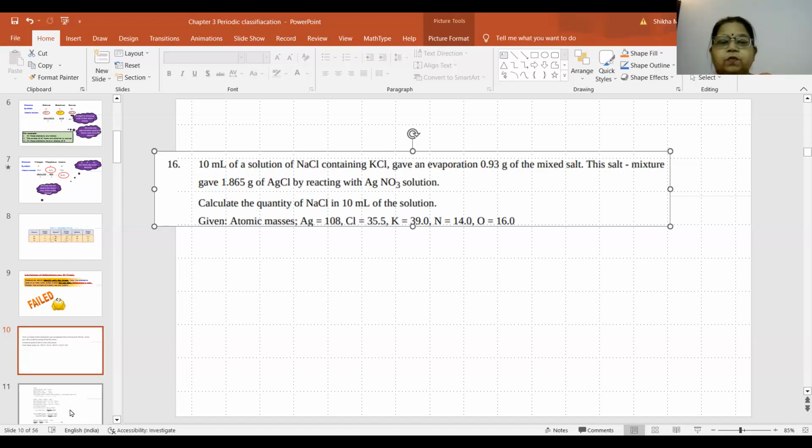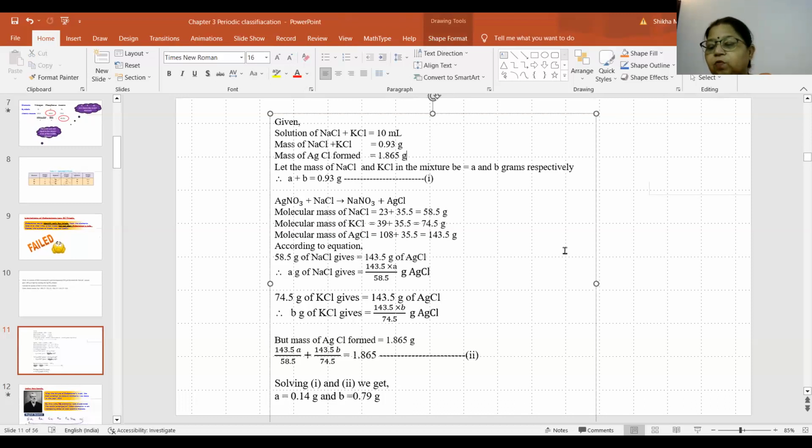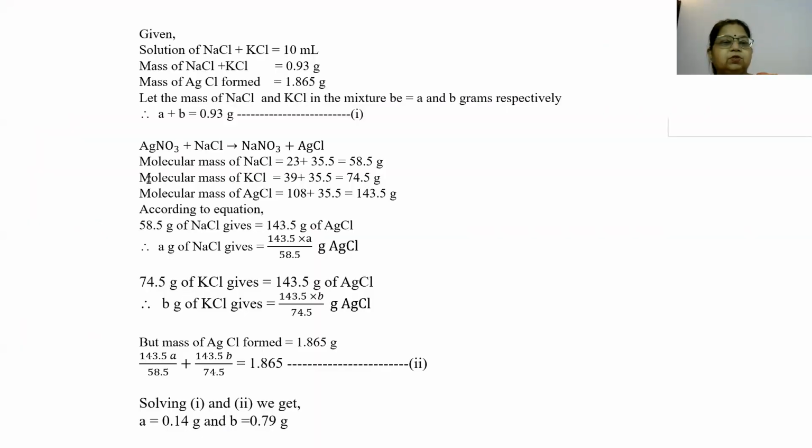And they want you to find out the quantity of sodium chloride present in 10 ml of the solution. So for this, first of all, we will list what is given to us. As you can see, we are given that the solution contains a mixture of sodium chloride and potassium chloride. Its volume is 10 ml and the mass of sodium chloride and potassium chloride is 0.93.